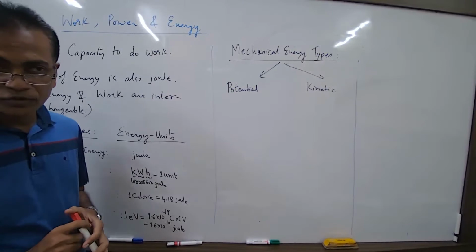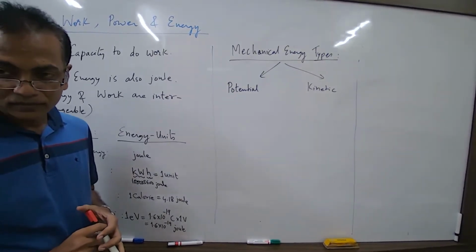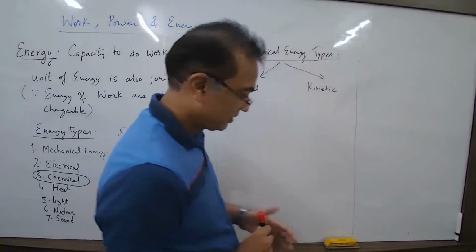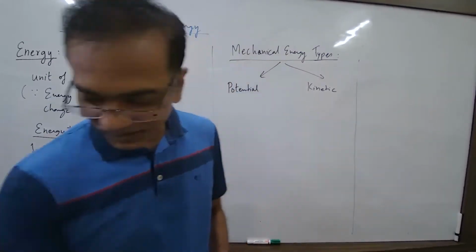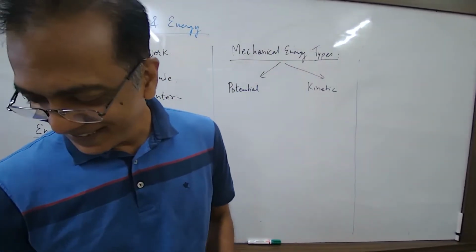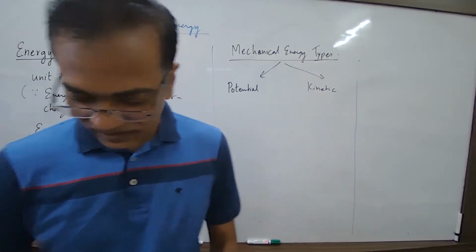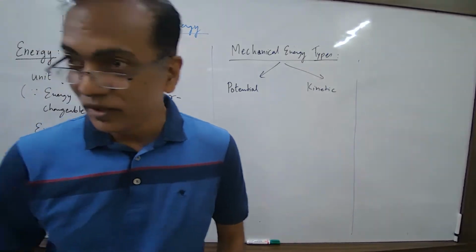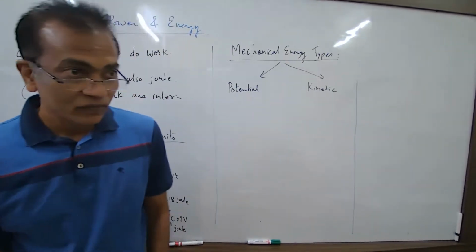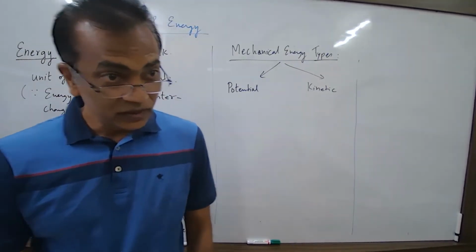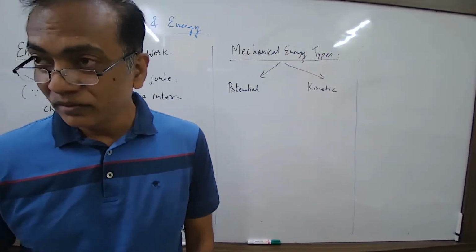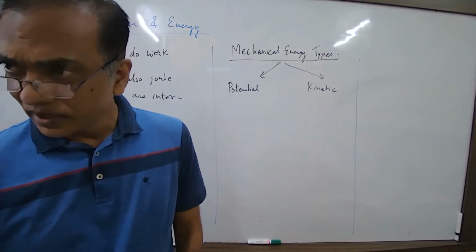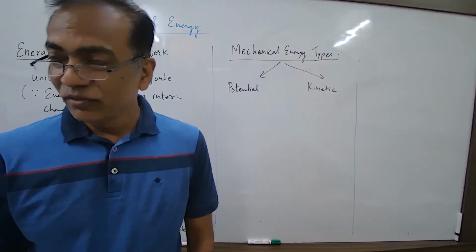How will you show me that it has energy? If you drop it. Yeah, drop it, then you will see. So let's do it again. This duster is there. Let us say this is up, ground, and it cannot go below this. It has energy. How will you show?